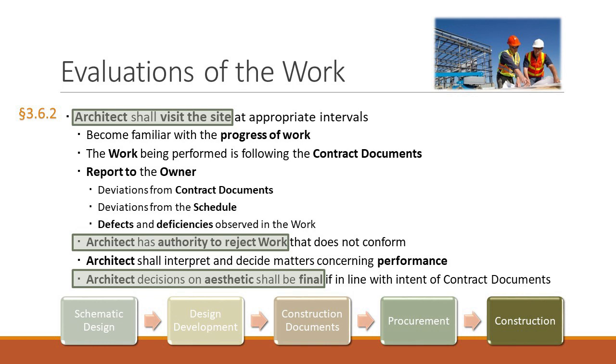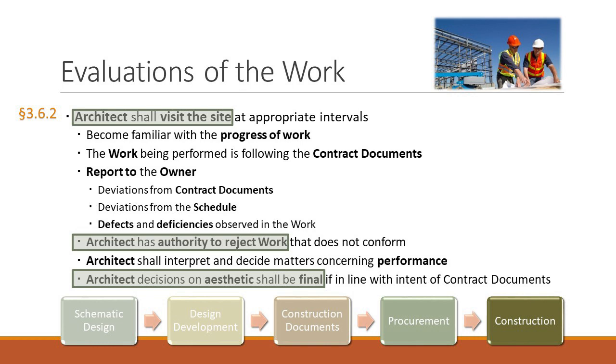Whenever the architect considers it necessary or advisable, the architect shall have the authority to require inspection or testing of the work in accordance with the provisions of the contract documents, whether or not the work is fabricated, installed, or completed. However, neither this authority of the architect nor a decision made in good faith either to exercise or not to exercise such authority shall give rise to a duty or responsibility of the architect to the contractor, subcontractors, suppliers, their agents or employees, or other persons or entities performing portions of the work.